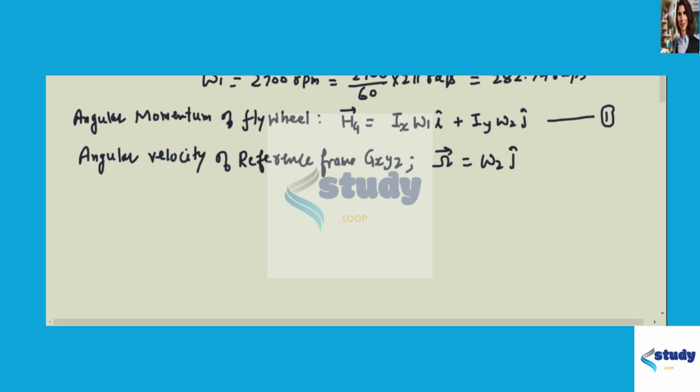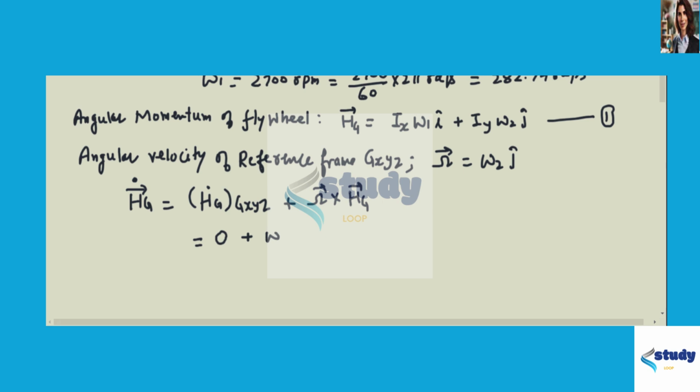So rate of change of angular momentum of the flywheel is the rate of change of momentum about the center of mass in the reference frame plus omega cross Hg. Since it is rotating with constant angular velocity, alpha is 0.